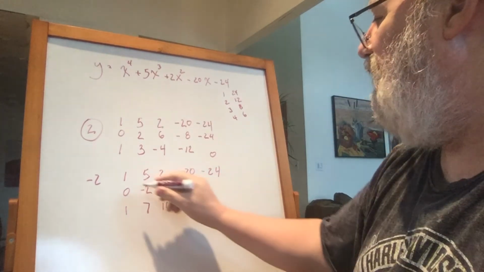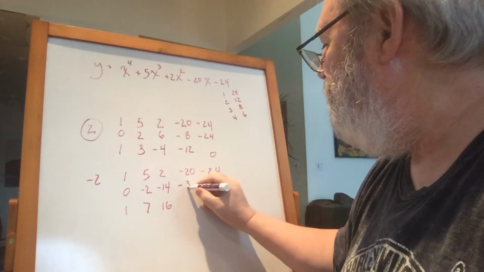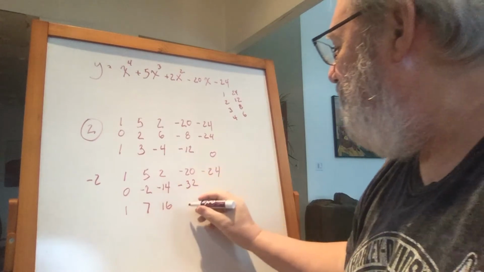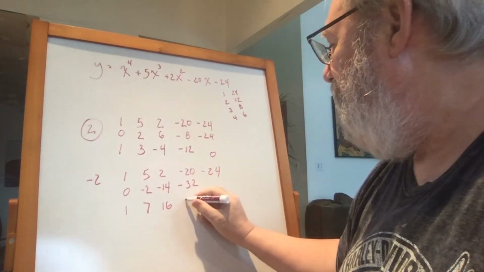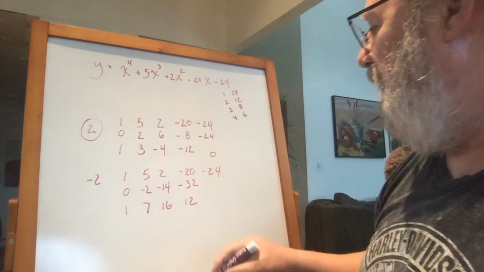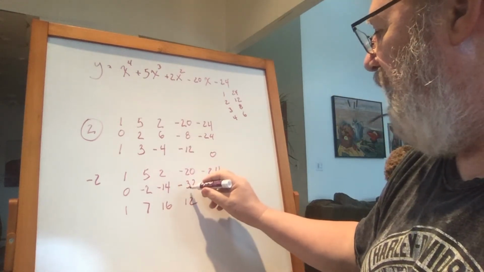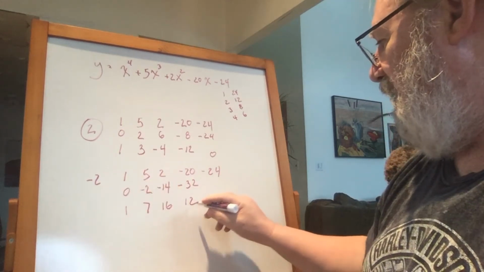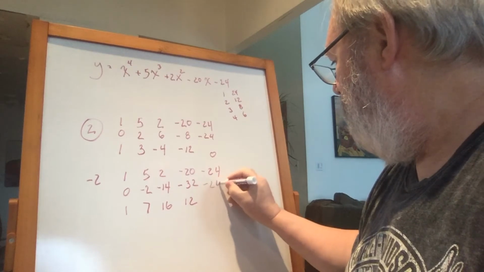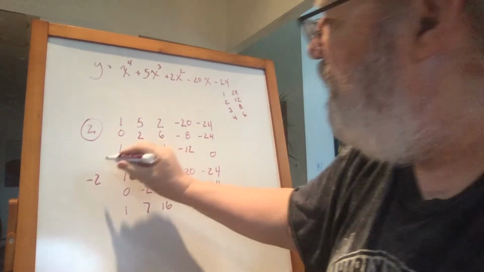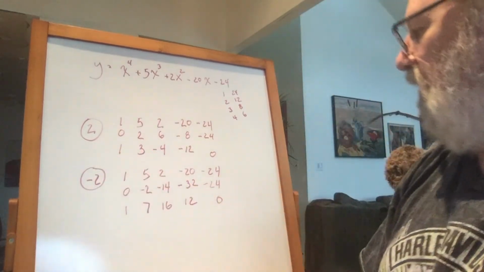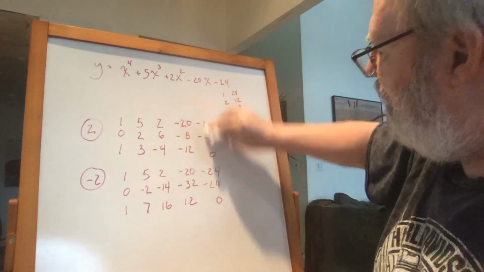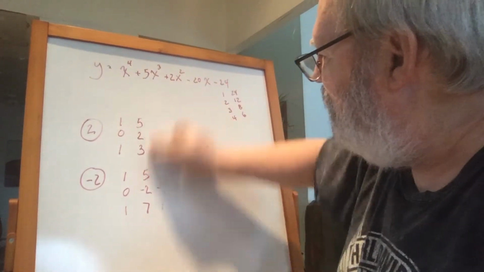And 16 times minus 2 is minus 32. I believe I got it right. And when you subtract that, that is 12. And minus 20 minus 32 is 12. Minus 2 times 12 is minus 24. And again, we get 0. So minus 2 works. So we got 2 terms. How many more can we get? Well, let's try 3.